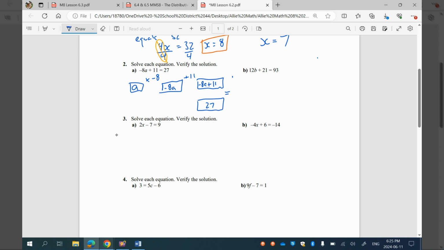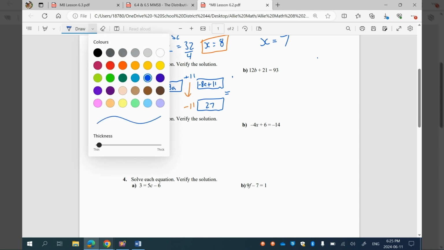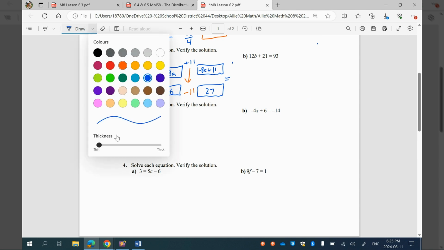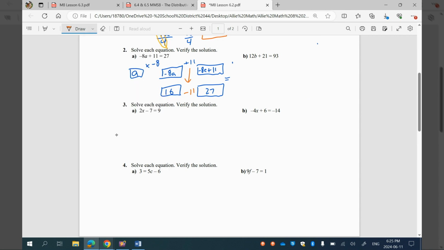So now we just need to do the opposite. Here we have plus 11, so you can think about minusing 11. And 27 minus 11 would give us 16. There we go. And now we have multiplied by negative 8, so we can think about the opposite as being divided by negative 8.